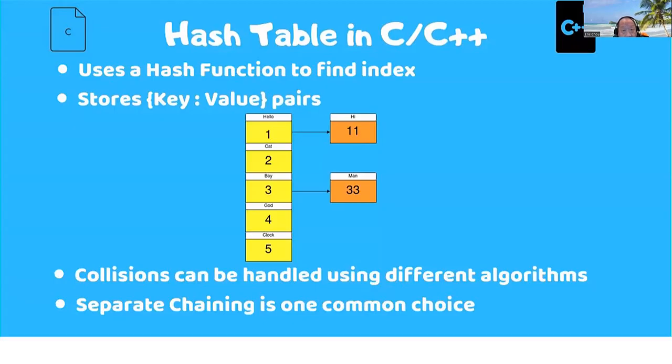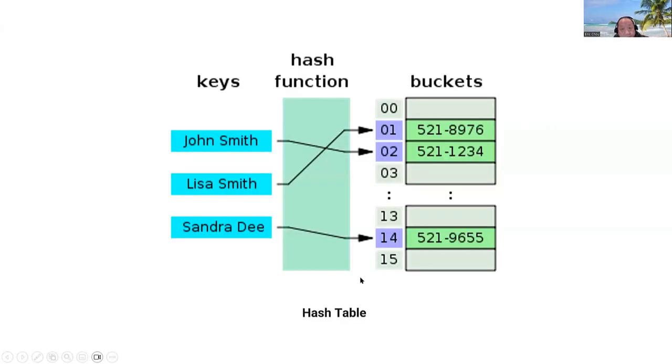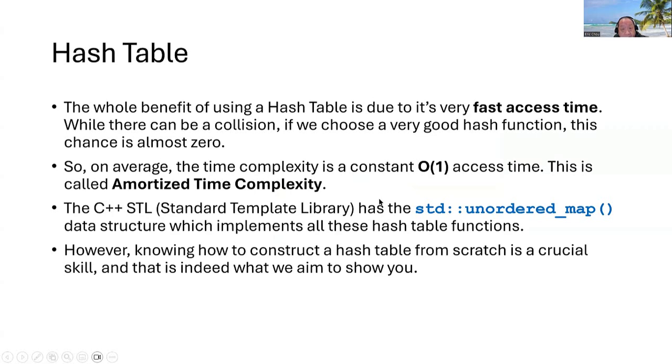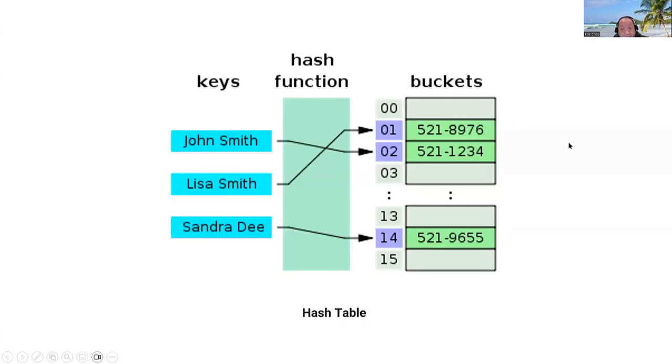A hash table is to find a key-value pair. They will use different collision handling, maybe using buckets or chaining, for collision avoidance. So this is the hash table we talk about. Without a value, this is a set, and sometimes a set is also called a hash table.